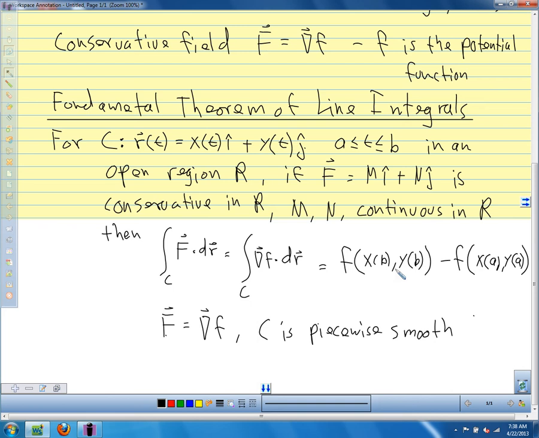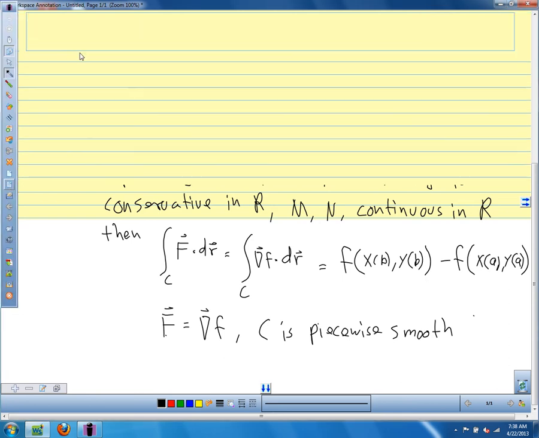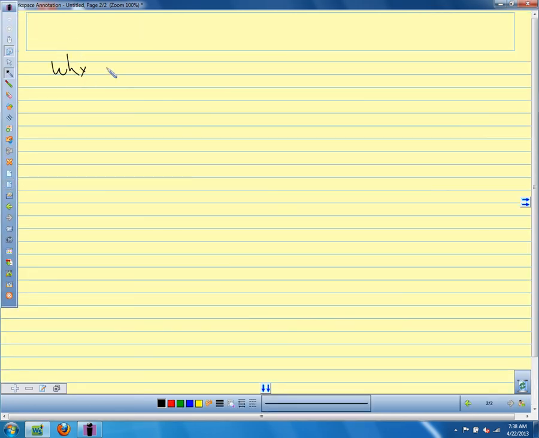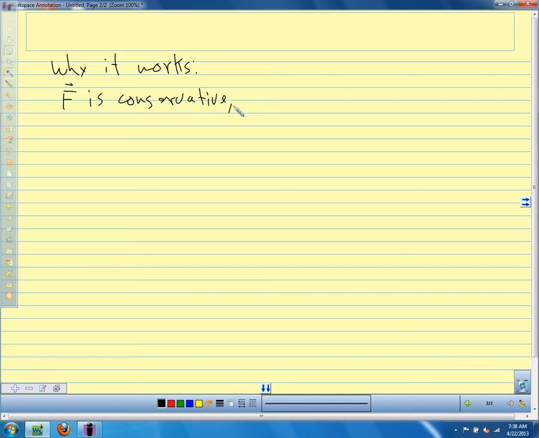All right, so we talked about this intuitively a little bit in terms of gravity and electrical fields. Let's talk about why this fundamental theorem works. So we said F is conservative. Our field is the gradient of our potential function.